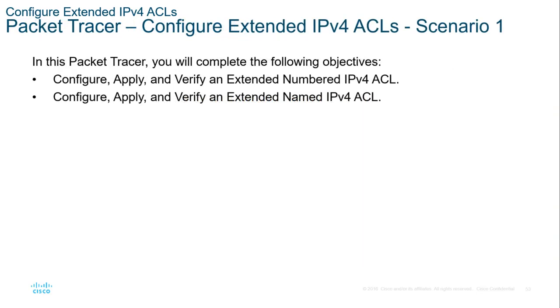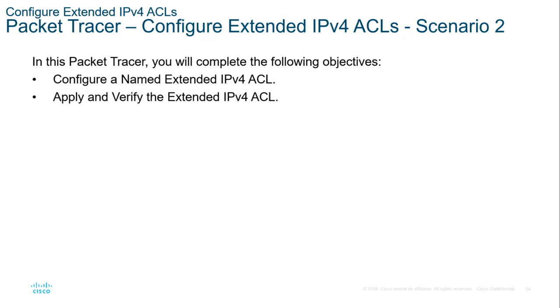Then this is the Packet Tracer where you will be able to complete the following objectives. Configure, apply, and verify the extended numbered access control list. Configure, apply, and verify the extended named access control list. So this is another one where you'll have to configure the named IP access list extended.